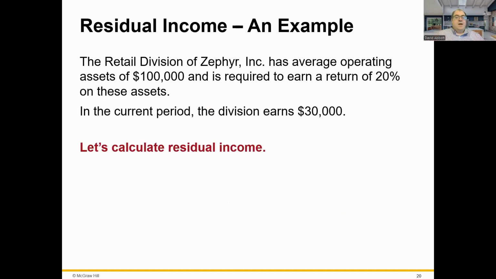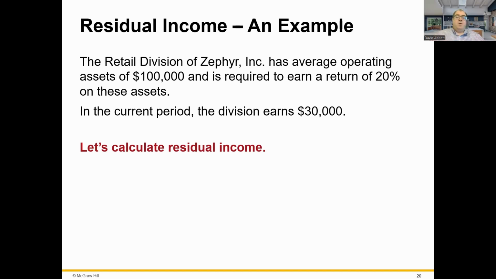So we'll take a look at an example here. Zephyr Inc. as an example. Assume the information as given for a division of Zephyr Inc. So we see that the retail division of Zephyr Inc. has average operating assets of 100,000 and is required to earn a return of 20% on those assets.